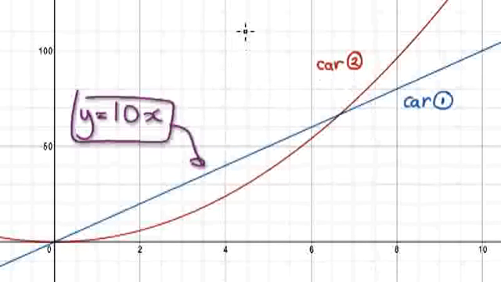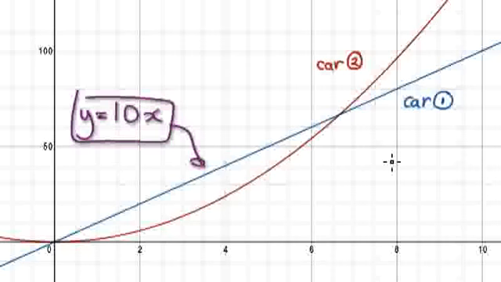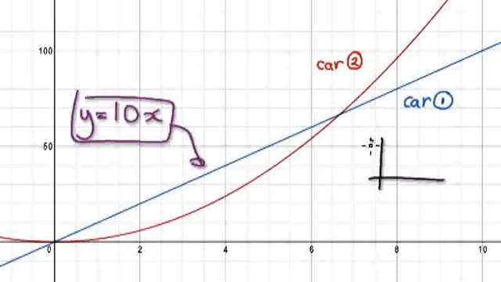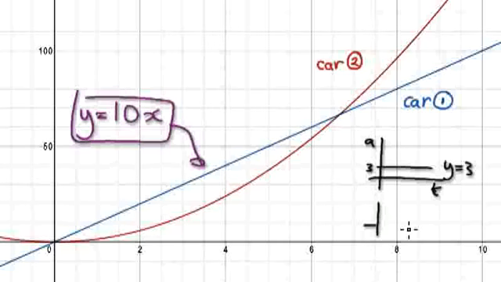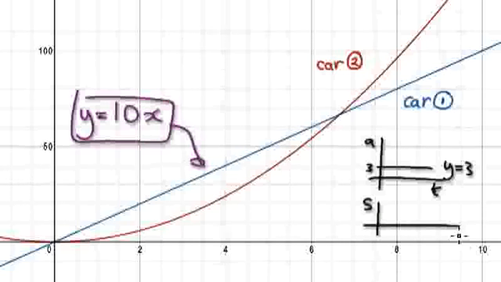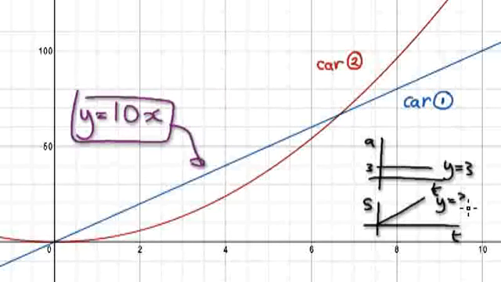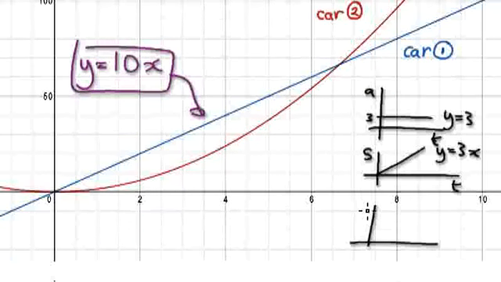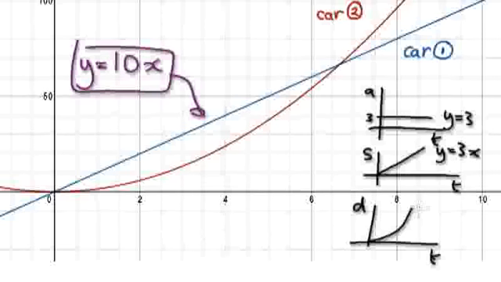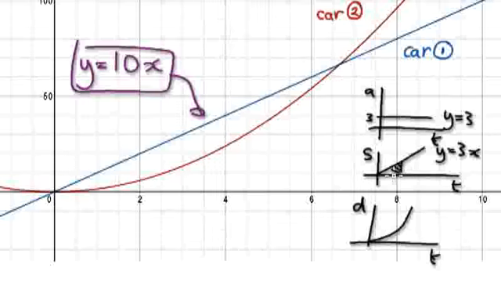Now for car 2, inside your mind you should have visualized this. The acceleration time graph would be y equals 3, and then the speed time graph will look like this, y equals 3x. And then the distance time graph will look like this. At every point here, I would get the height.